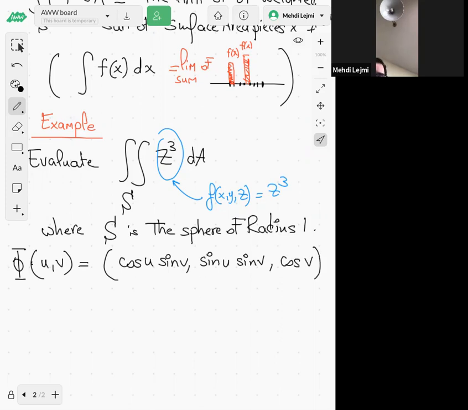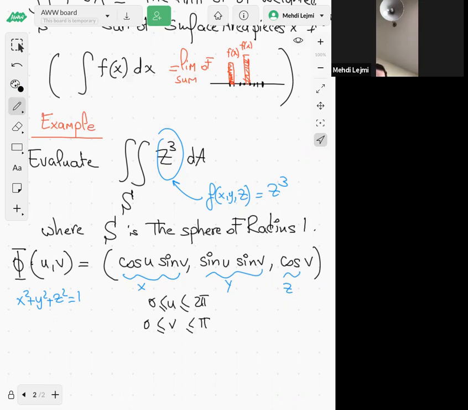This is your x, this is your y, this is your z, and if you do x squared plus y squared plus z squared, that will be equal to 1. Here u is between 0 and 2 pi, and v is between 0 and pi.